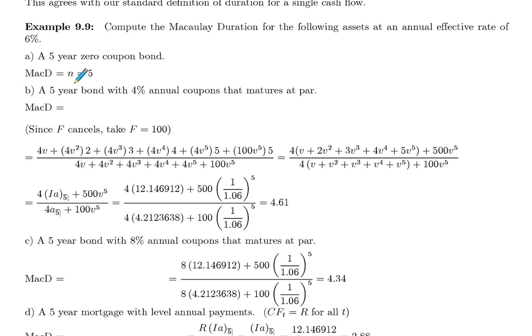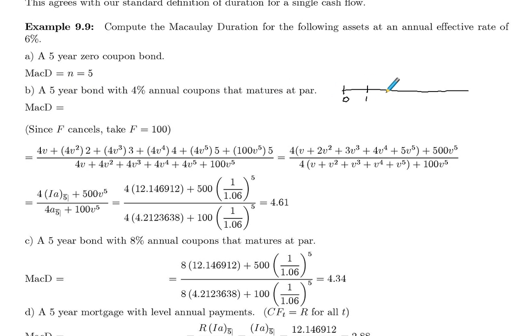Now what if you've got a 5-year bond and it's got 4% annual coupons and matures at par? Well, let's look at a time diagram here. So we don't know what the face value of this bond is, but we do know that there are 4% annual coupons, and it's a 5-year bond here.